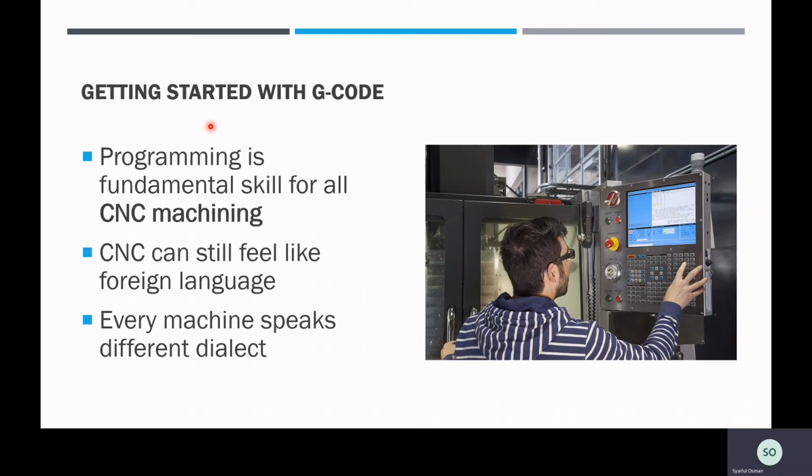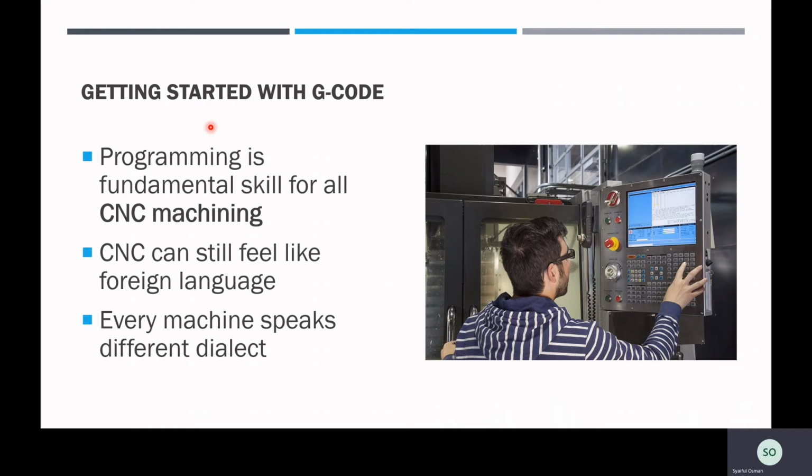So programming is a fundamental skill for all types of CNC machining, even as automation and new technology seem to be replacing programming tasks. And every machinist still needs to understand how the programs and tools work.